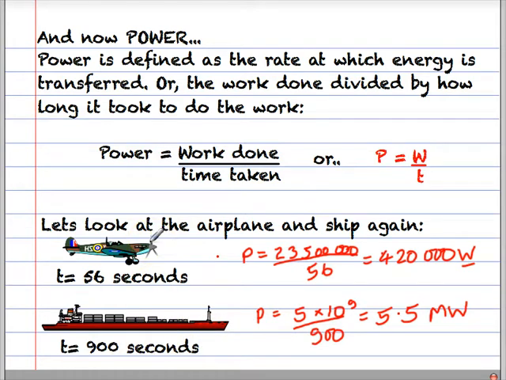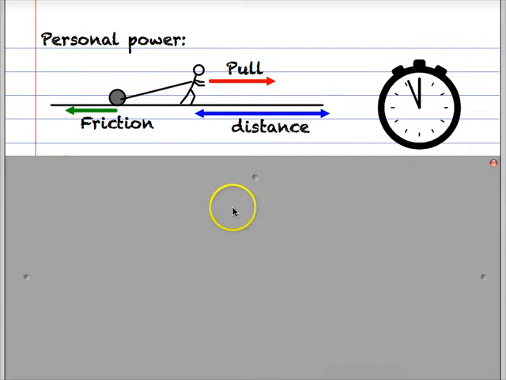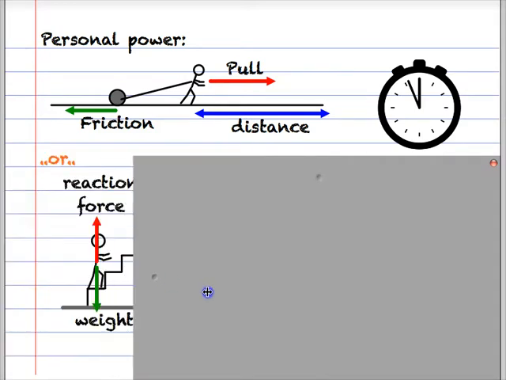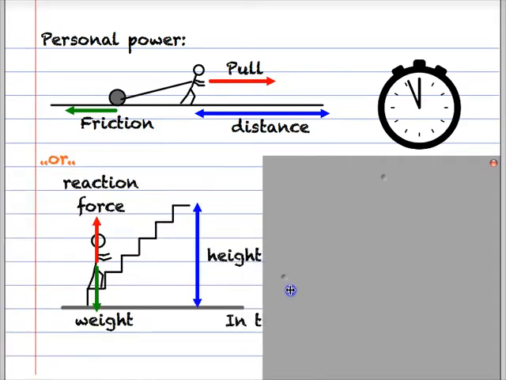Now we can work out our own personal power by doing work and seeing how long it takes us to do this work. So in this example here, a person is pulling a weight against friction through a distance. They're doing work against friction. In this example here, the person is climbing the stairs. They're working against the force of gravity, and they're moving through a vertical distance, which we can call height.